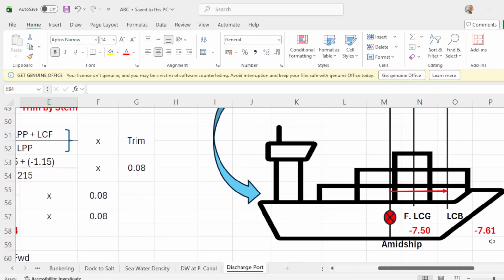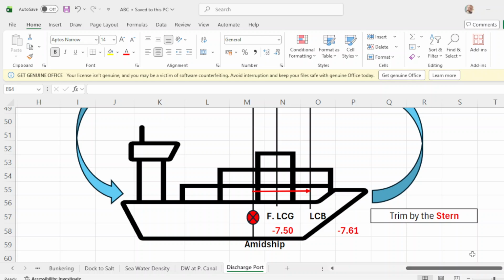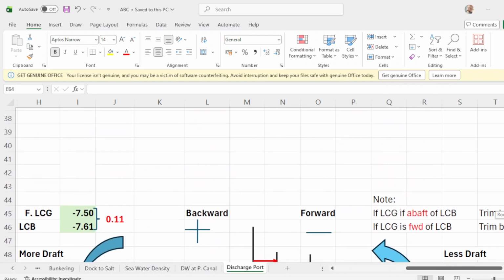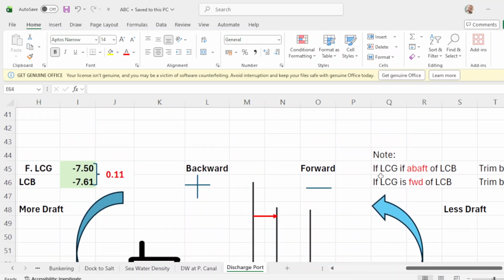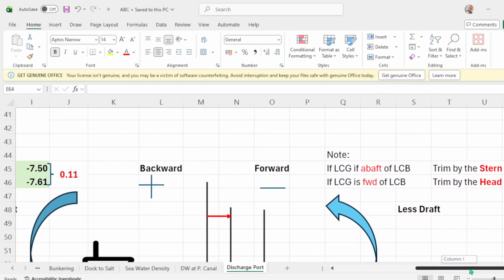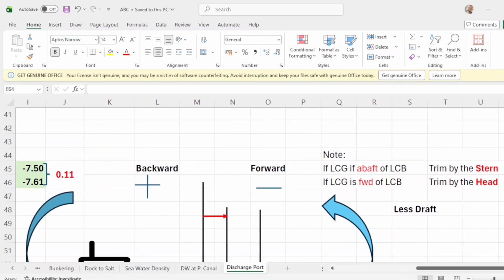So LCB is more forward from your midship, that's why LCG is behind LCB, because it has more figures here of 7.61, while final LCG has already negative 7.50. So it is behind LCB. So when you are behind, what that says, if LCG is behind LCB, then you are trimmed by the stern. Okay, that's what it means.